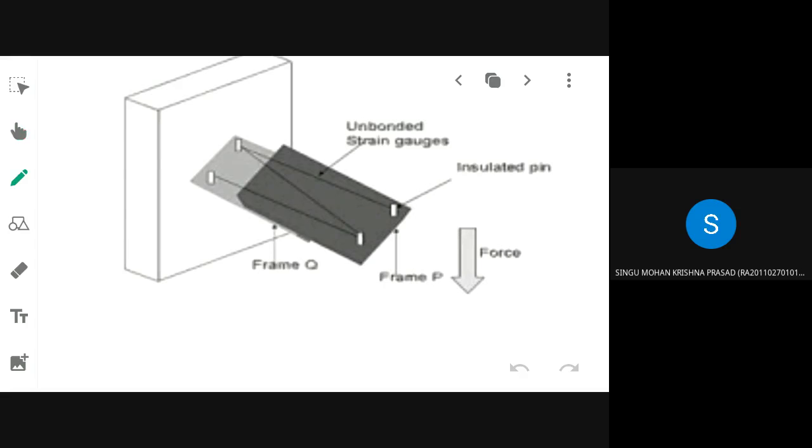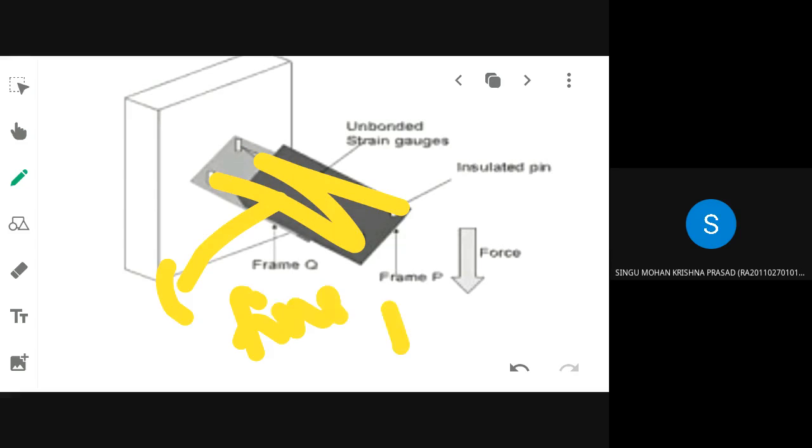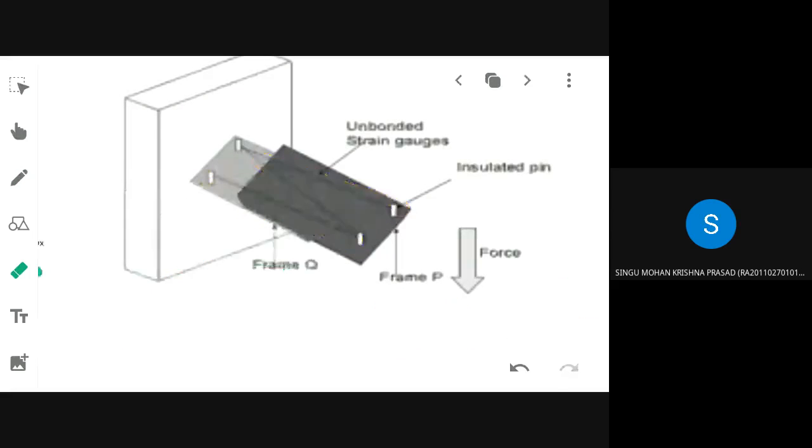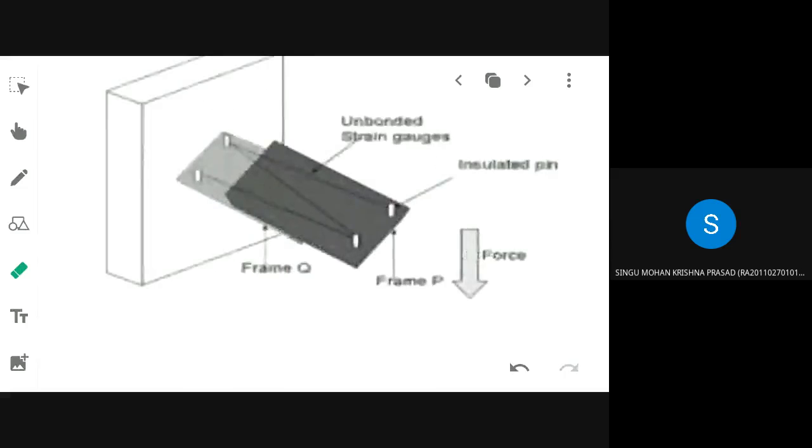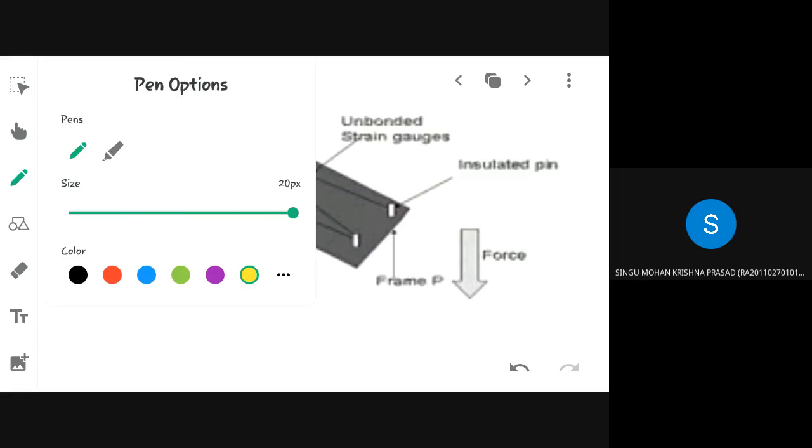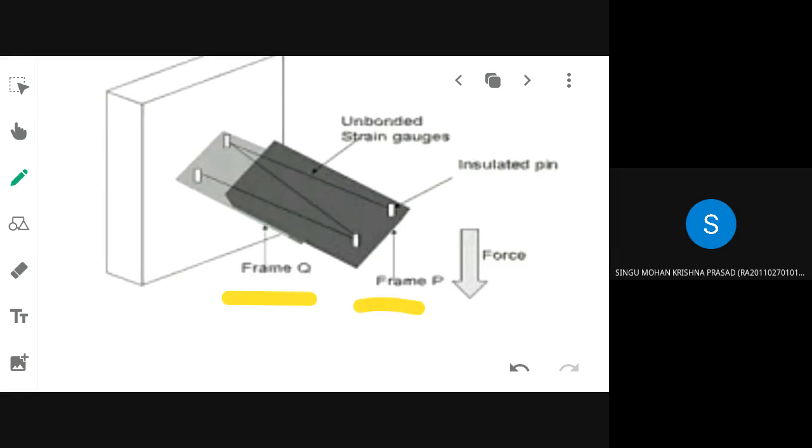This one. That is nothing but again fine resistance wire. So this is connected between all four insulated pins. When the force is applied, what will happen? These two frames will move with respect to each other, because of which what will happen to the resistance of the wire?